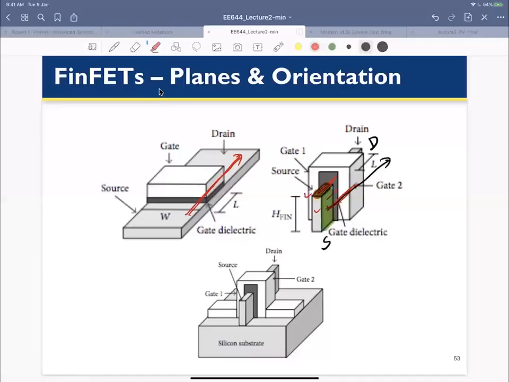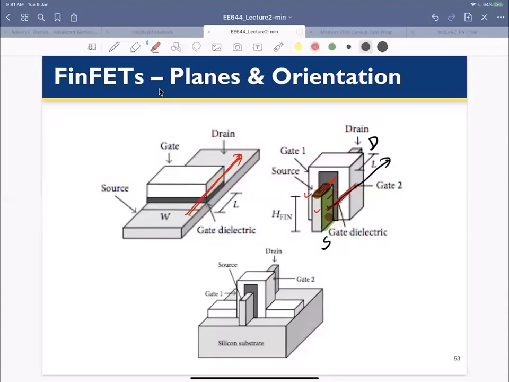Since the electrons are moving in both the 100 and 110 planes, and we know that electron mobility is lower in the 110 plane, we are not getting much advantage in FinFETs in terms of electron mobility.